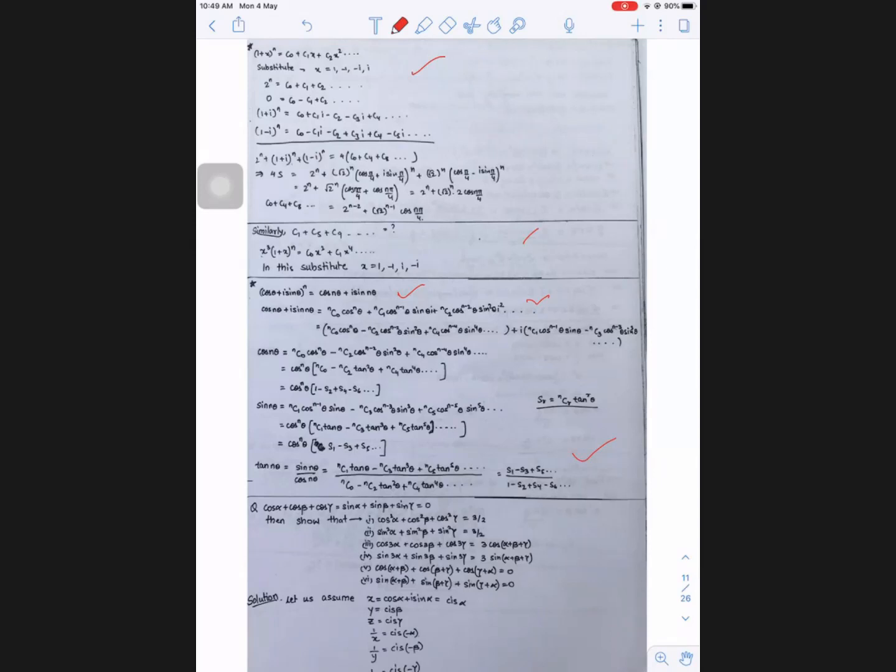Now if you compare the real part, the cos n theta formula will come: nC0 into cos power n theta minus nC2 into cos power n minus 2 theta sin square theta plus nC4 into cos power n minus 4 sin power 4, like that. Now if you observe, take cos power n theta common.